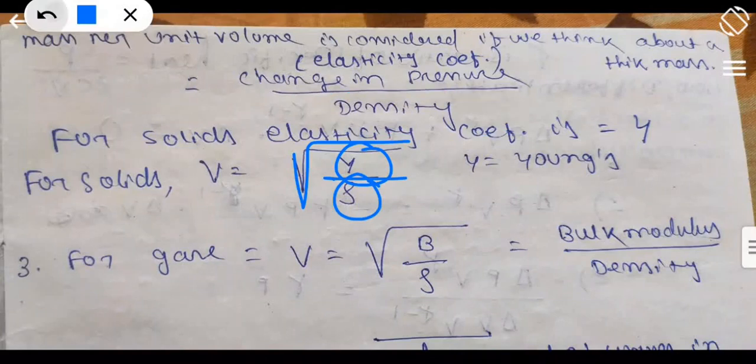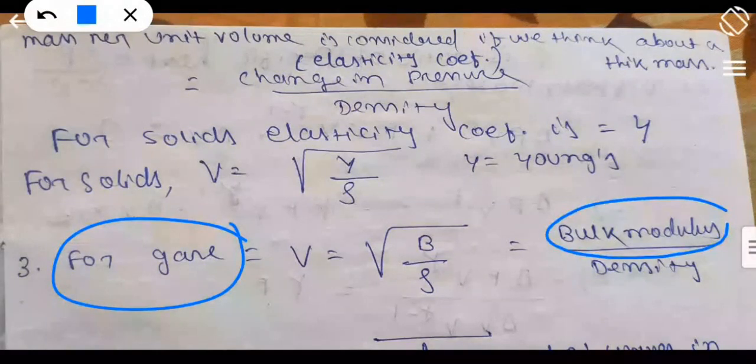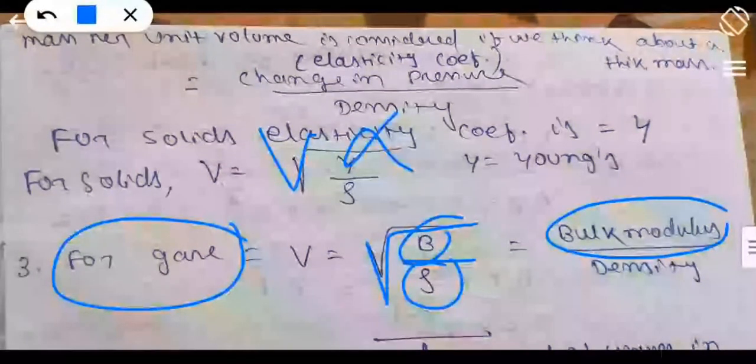Y upon rho. And for gases, generally bulk properties, for the volume we are going to consider the bulk modulus. There we have to consider the bulk modulus. So this will be V equal to root over of B upon rho, bulk modulus upon density, because V is directly proportional to the modulus of elasticity.